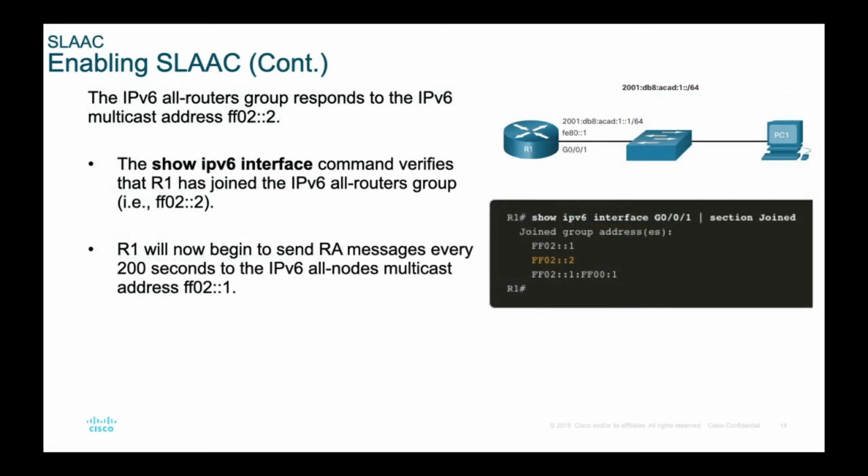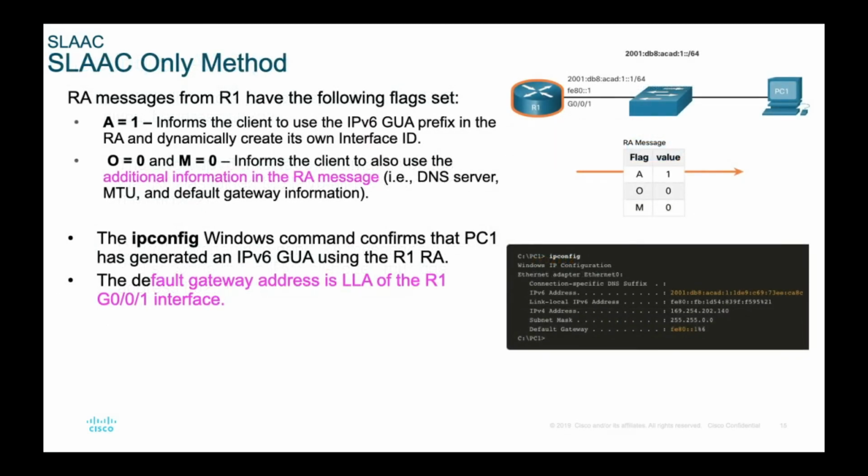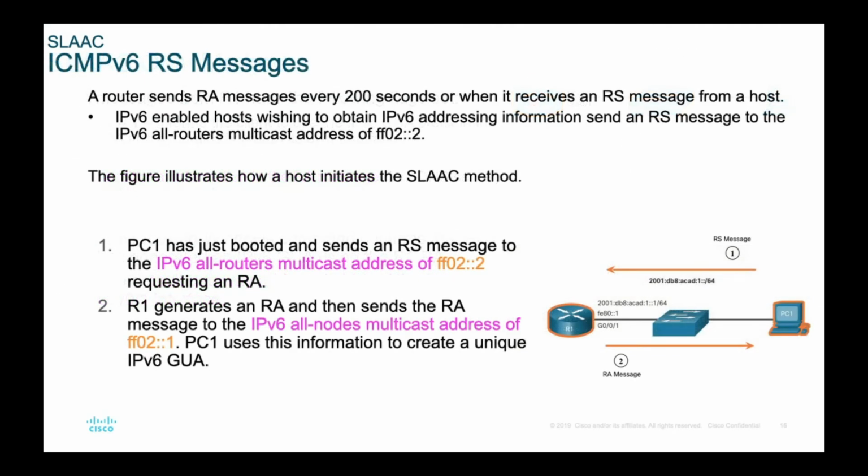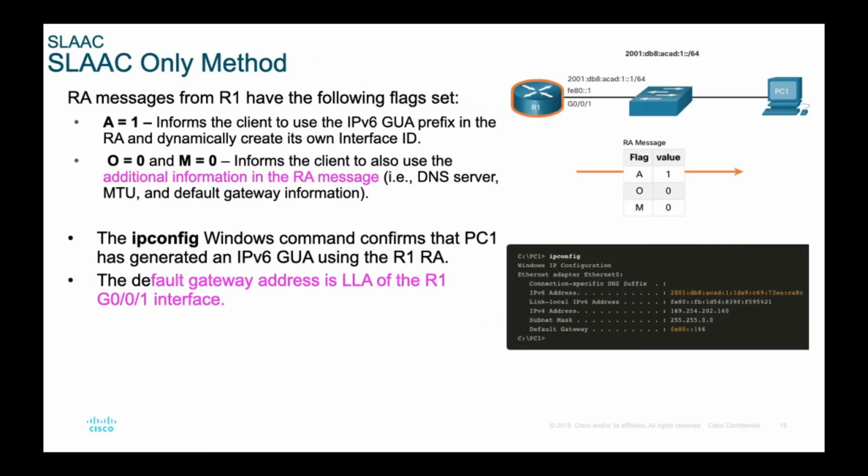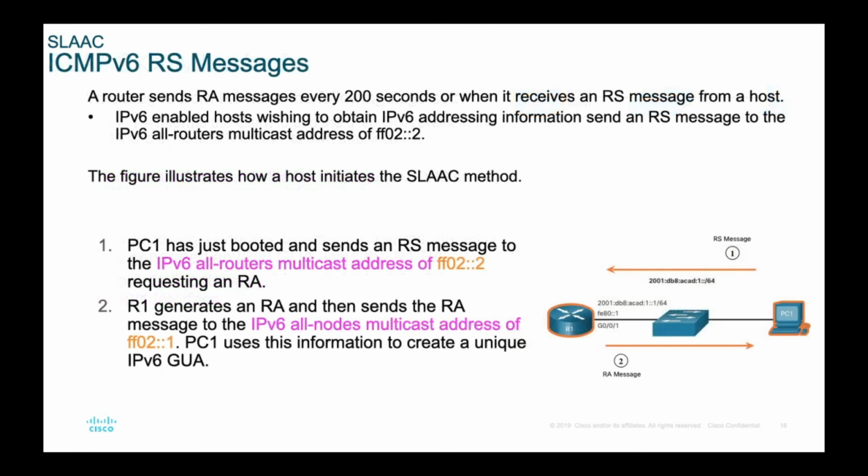After that, the PC will generate the rest, I mean the other 64 bits. So in this case, they get the network ID 2001:DB8:ACAD:1 from the router and generate the last 64 bits for their own IP address. Okay.